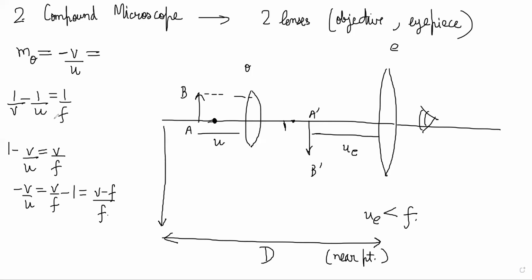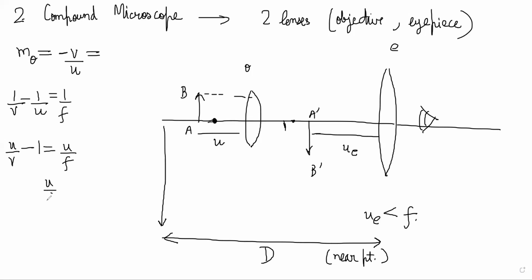So what we can do is, if I multiply by U, I get U by V minus 1 is equal to U by F. So U by F plus 1 is equal to U by V. So U plus F by F is U by V. So V by U will be F by U plus F.